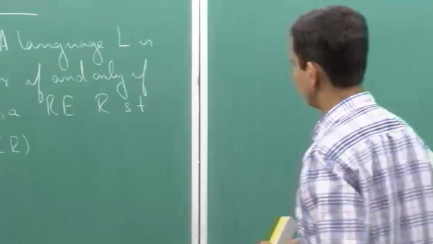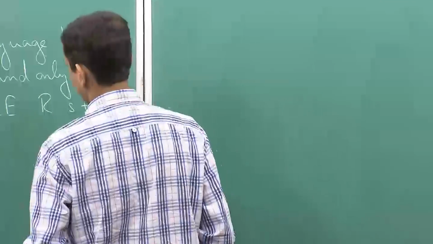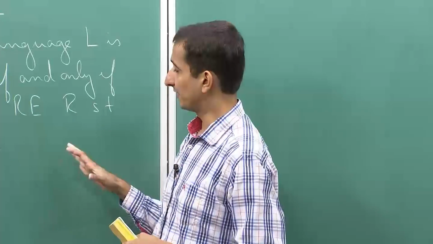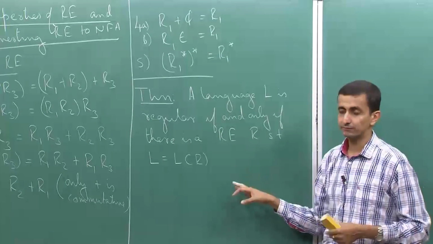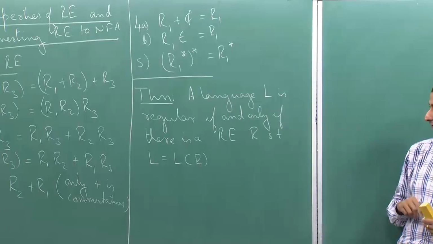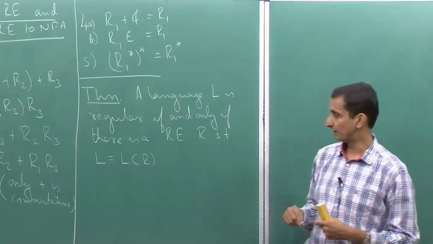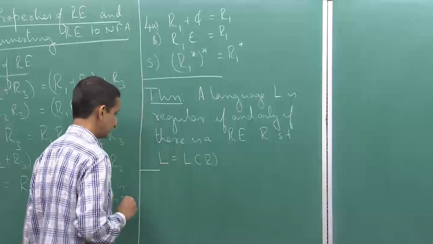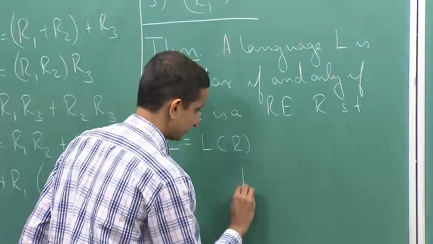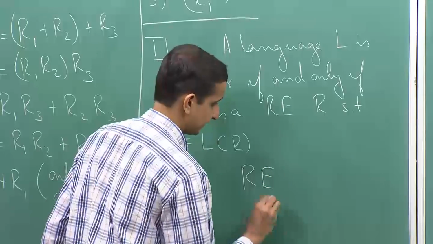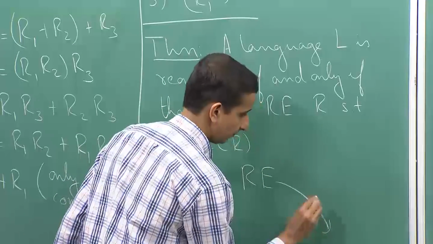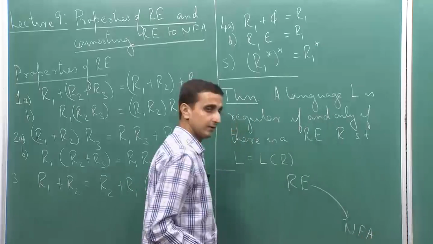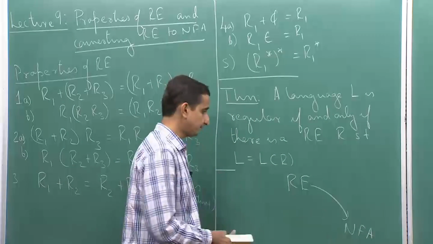So this is the path that we are going to take. Although we are not going to look at the complete proof of this theorem today, let me give an overview of how we prove it. What we show today is that from regular expressions we can construct an NFA. This is the agenda for today.